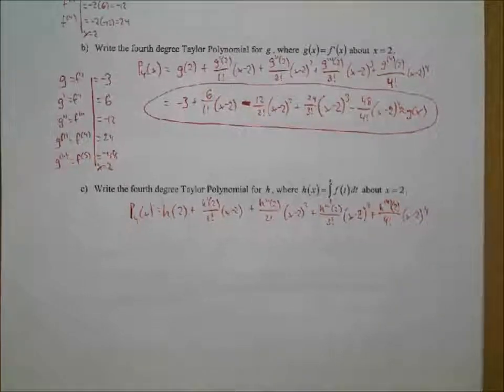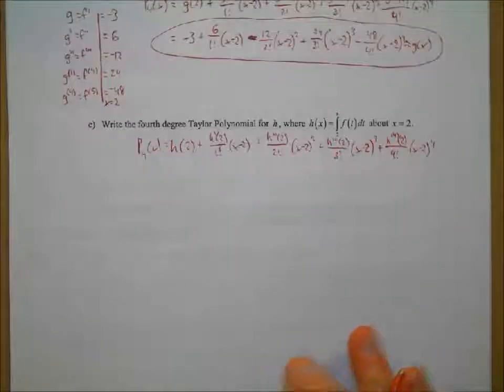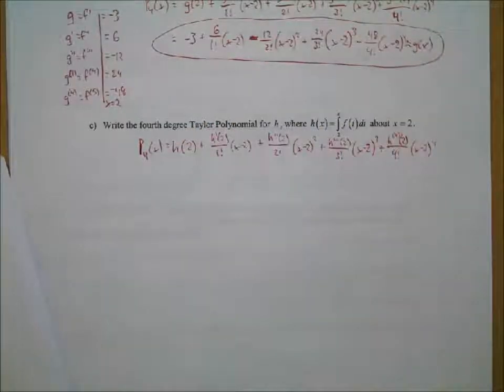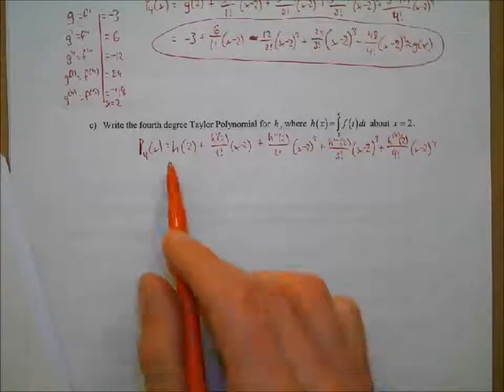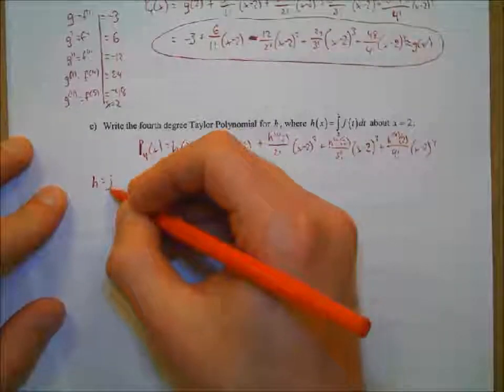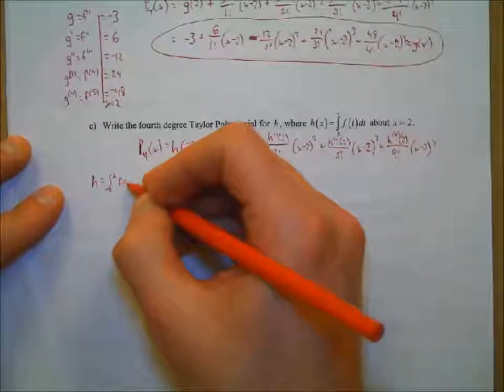So again, all those pieces. We need h evaluated at 2, so we're going to first figure out what h is. H is the integral from 2 to x of f of t.